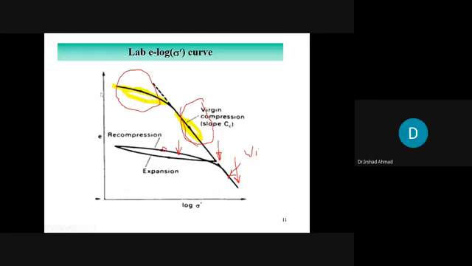It occurs, for example, when you take a soil specimen from a site where there was some fill material placed some 100 years ago or 50 years ago, and that fill material has imposed some stresses in the ground. But afterward, that fill was removed, right?